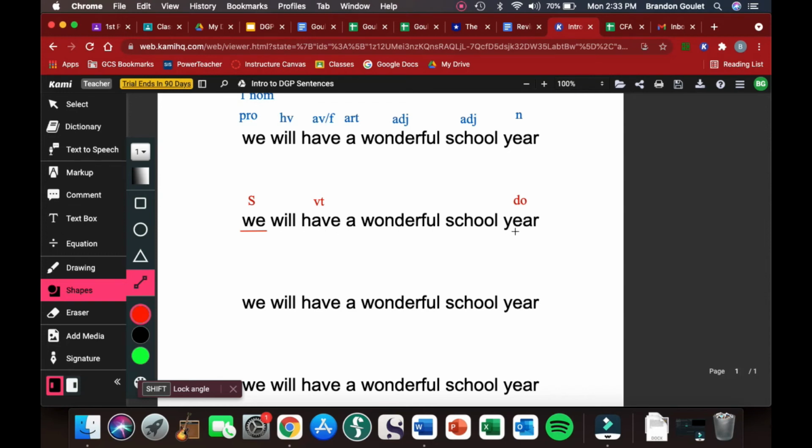We know year is going to be underlined twice because it's the direct object of those verbs. And a, wonderful, and school, they all modify year. So they're going to be underlined twice. So this entire section after we is the complete predicate. So we underline that whole section twice.